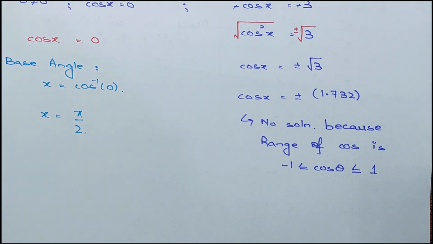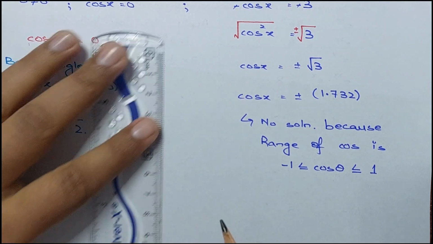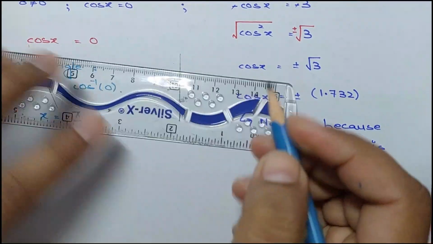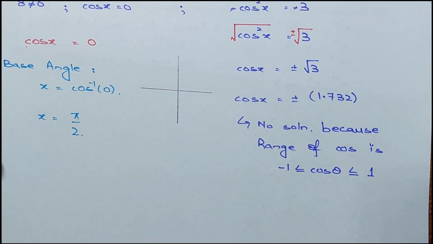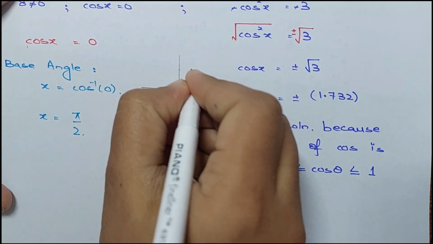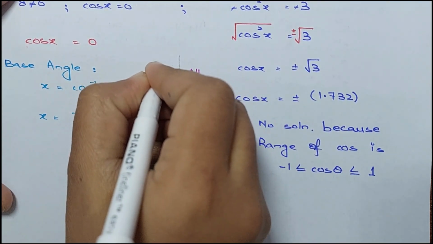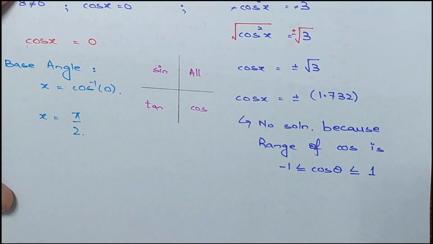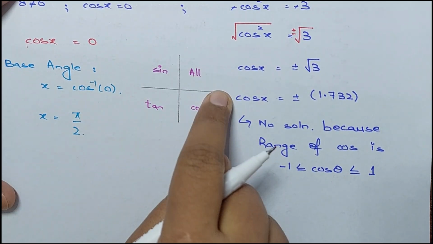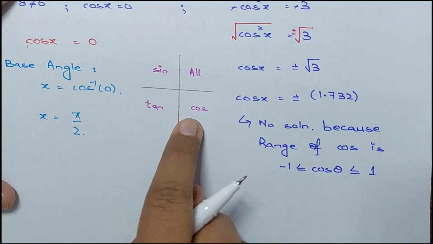So between 0 to 2 pi we need to check in which quadrant cos is positive. If I draw the coordinate diagram and check, in the first quadrant all trigonometric ratios are positive: sine is positive, tangent is positive, and cos is positive. Now from 0 to 2 pi, cos is positive in the first and fourth quadrant.